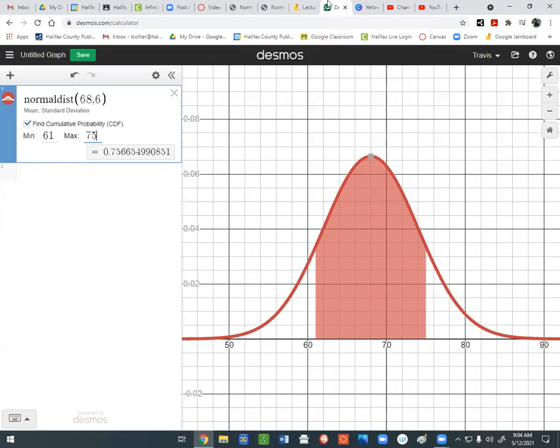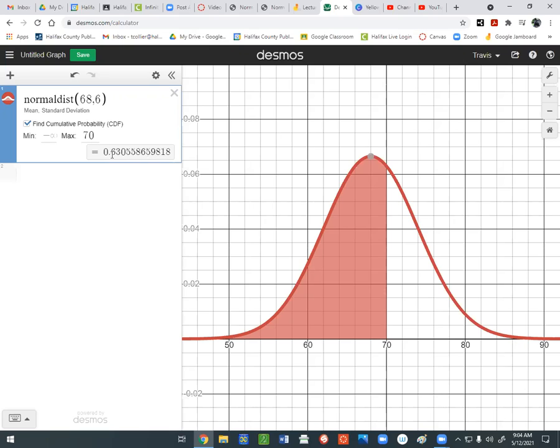So that means 70 is going to be the maximum. I'm going to get rid of that and I'm going to type in 70. And then for the minimum, I don't have a minimum. So I'm going to get rid of the 61. When I get rid of that, it's going to become negative infinity right here.